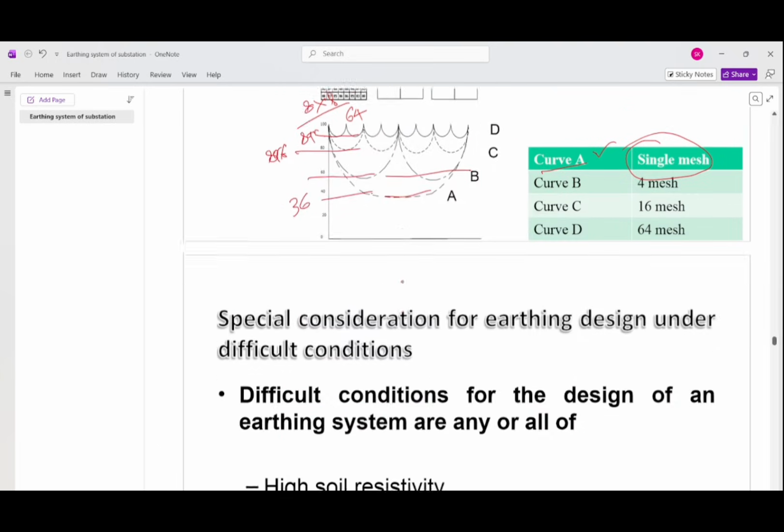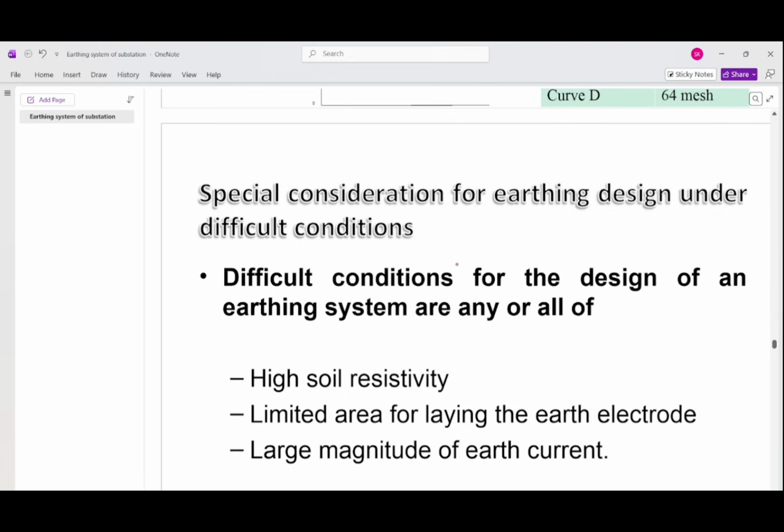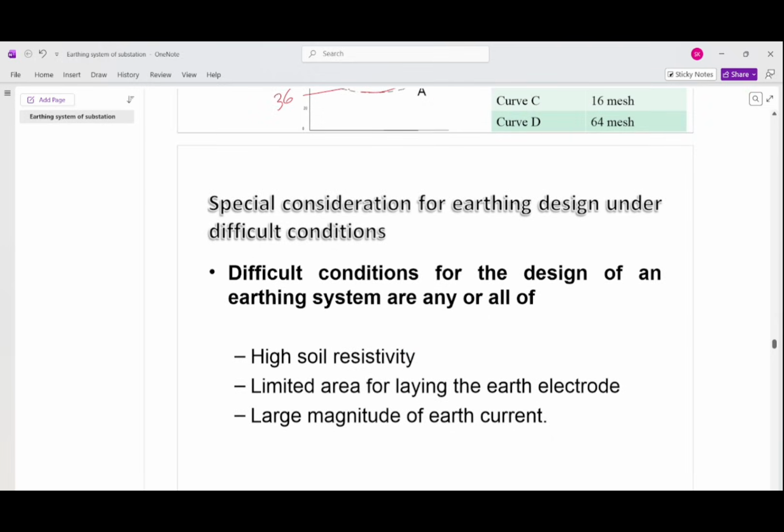We can see special consideration for the earthing design under difficult conditions. Difficult conditions for the design of an earthing system are any or all of those given below: high soil resistivity, limited area for laying earth rods, as in a GIS substation, which is a restricted or small area, and large magnitude of earth fault current, say 80 kiloamperes for 1 second.